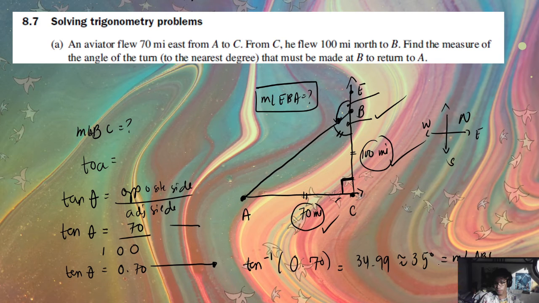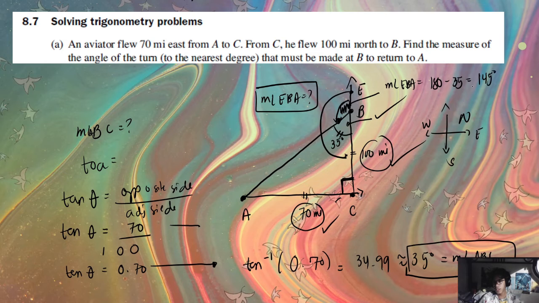ABC. Now, if angle ABC is 35 degrees, and these are linear pairs, what's the measurement of this angle over here? The measurement of angle EBA is going to be 180 minus 35. And what's 180 minus 35? That's equal to 145 degrees.